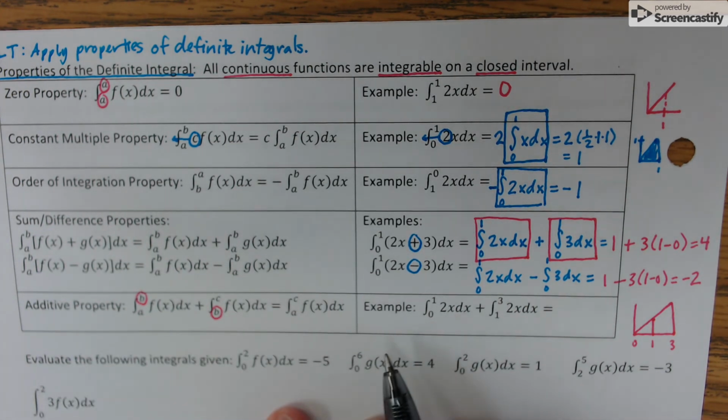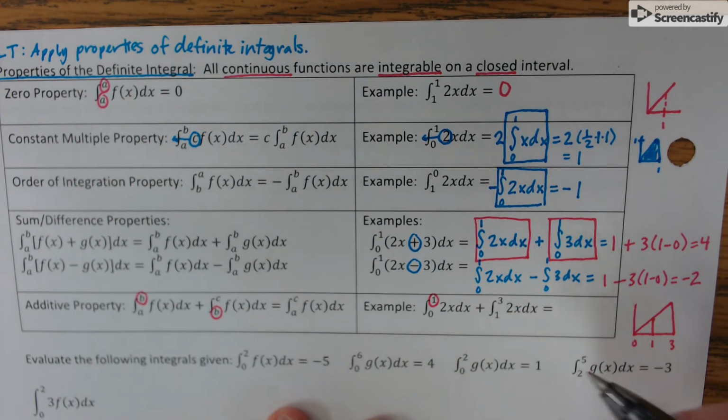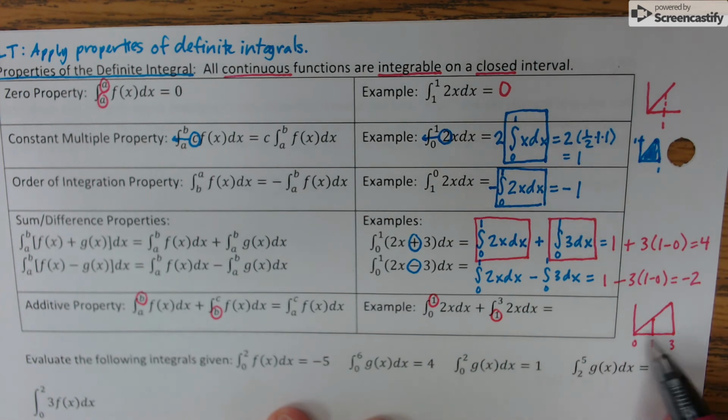In our example for additive property, we see that we're looking at that function 2x again. We are looking at the area from 0 to 1, and we're going to add it to the area from 1 to 3. So it might help you to visualize it by looking at the graph. So we've learned a couple times today that the area from 0 to 1 of 2x is 1.